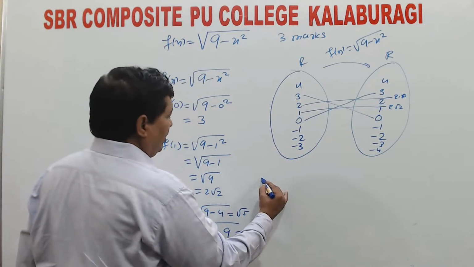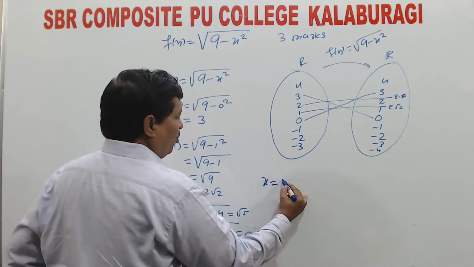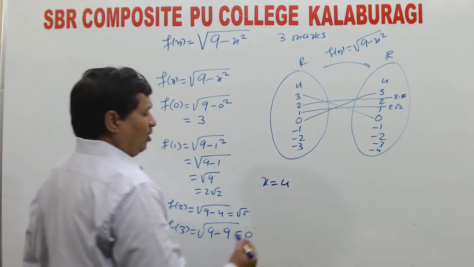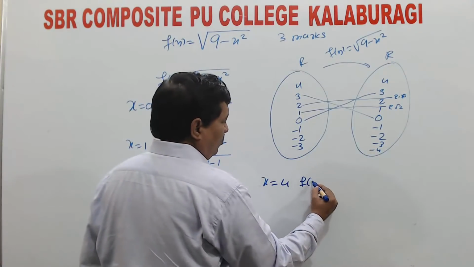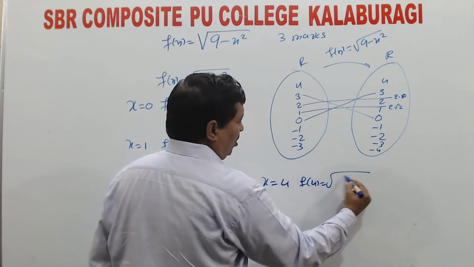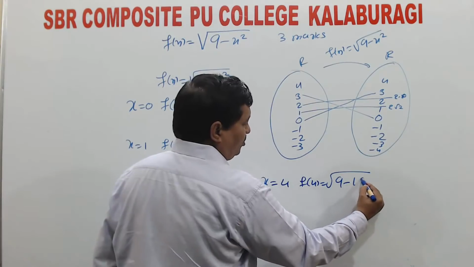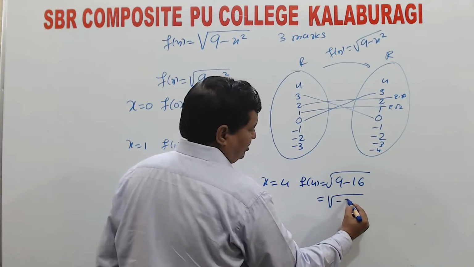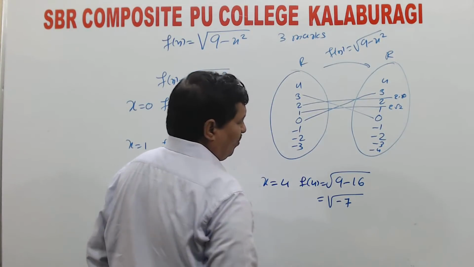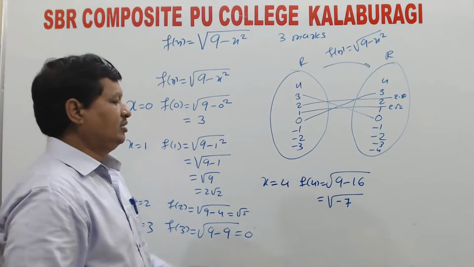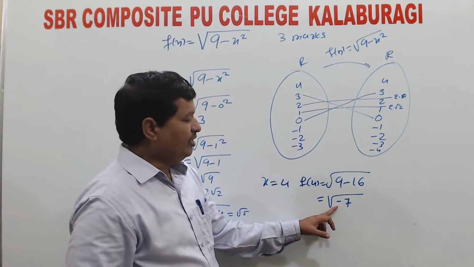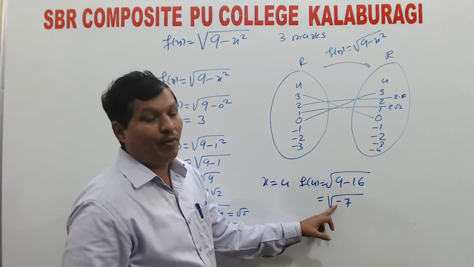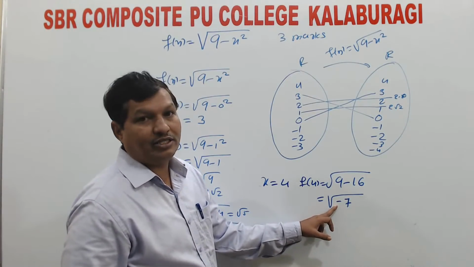Suppose if you take X equal to 4, what happens here? If you take X equal to 4, 5 and so on, F of 4 equal to root of 9 minus 4 square, which is 16. This is equal to root of minus 7. So minus 7 is not a real number because it is an imaginary part. It means it is a complex number.